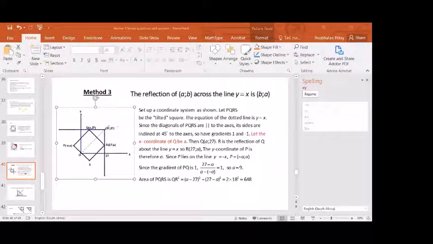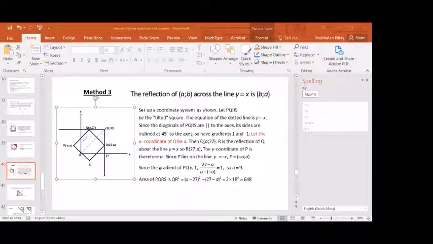Now, this point here, if I join it to the origin, I have a line which makes 45 degrees because it's the diagonal of a square. So the equation of the line is y equals x.